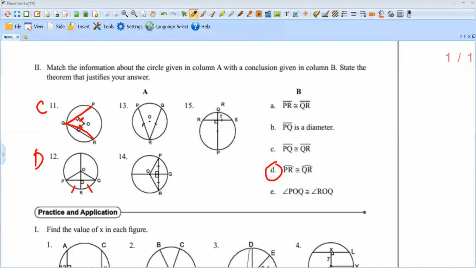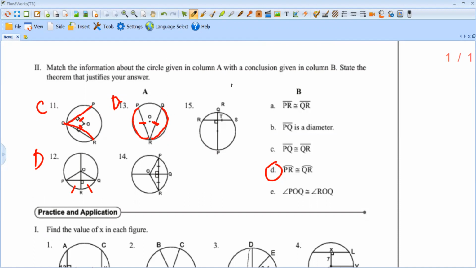They did not say that they have the same distance from the center, right? So you can say that if this PR is equal to QR, then arc PR is equal to arc QR. So letter D, right? If these two chords are equal, then the intercepted arcs are equal.